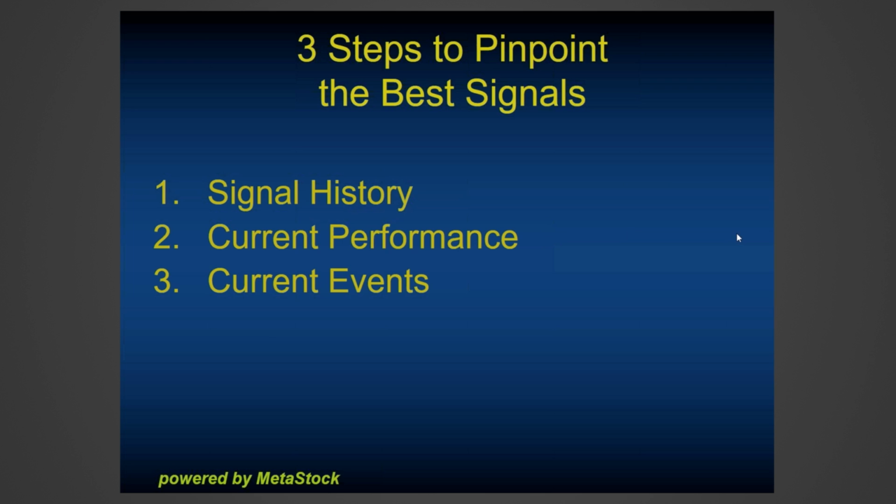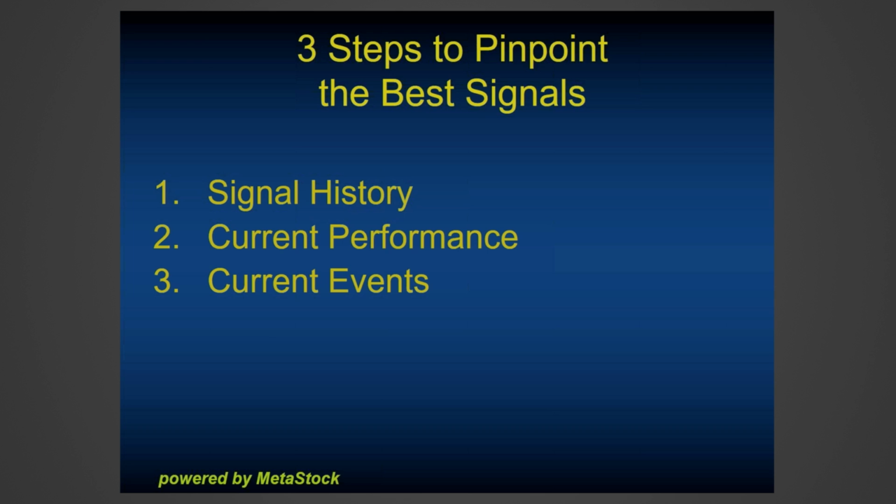If the current performance isn't very good, you'll knock out some of those signals, and if what we call the current events, and I'll explain that in a minute, are not good, you can knock out even more signals. So the point is, it's like sequential filtering, like you see on the vodka bottle, triple distilled. We're going to distill any set of signals we get from any methodology, any system, any charting methodology you'd like to use, 3 times.